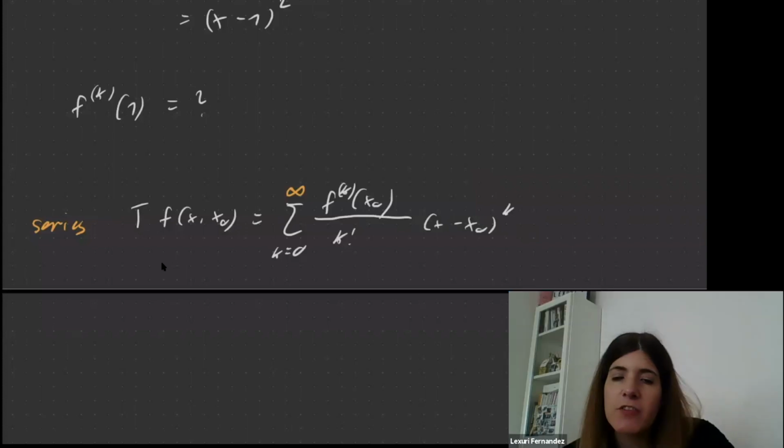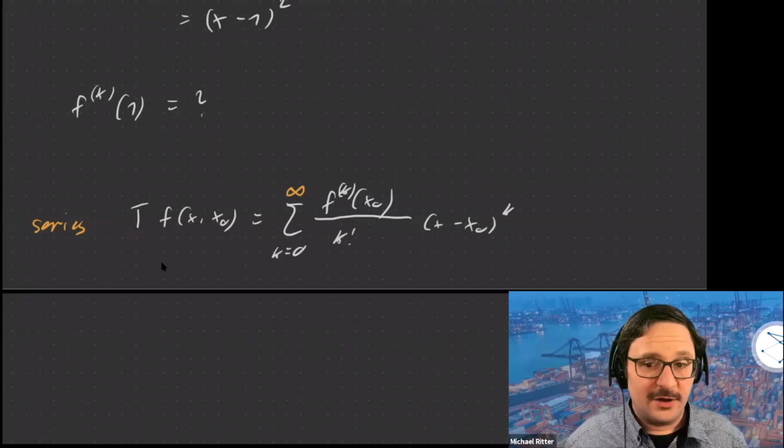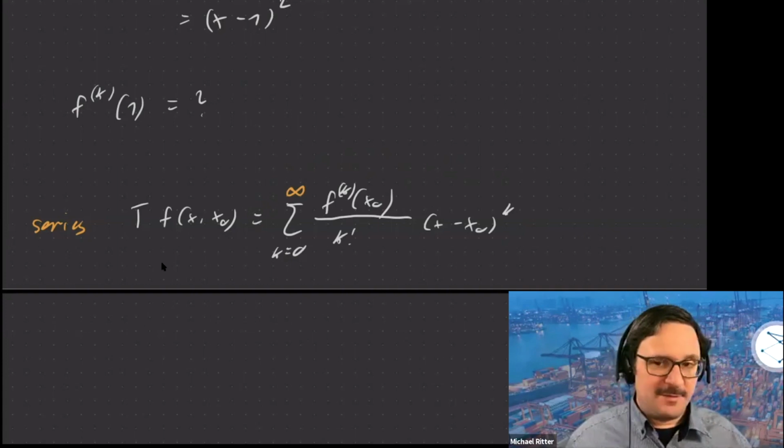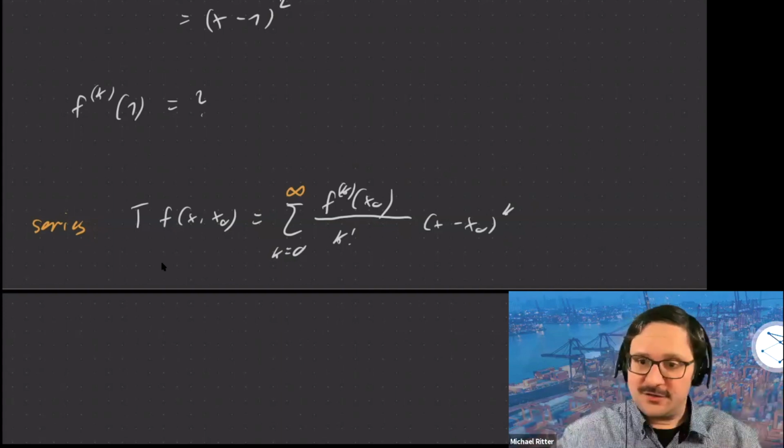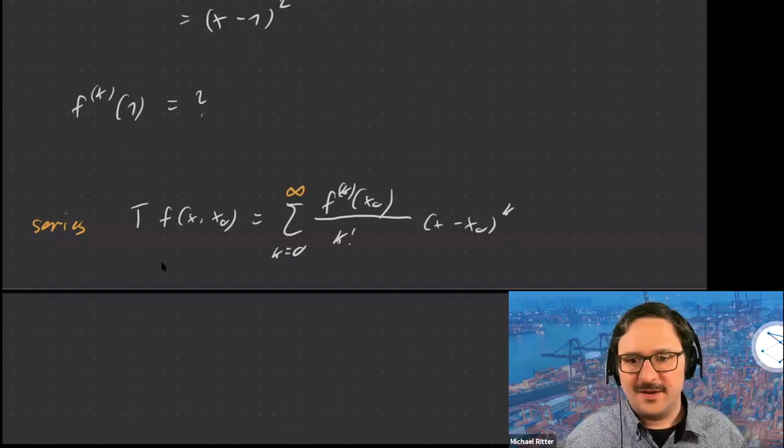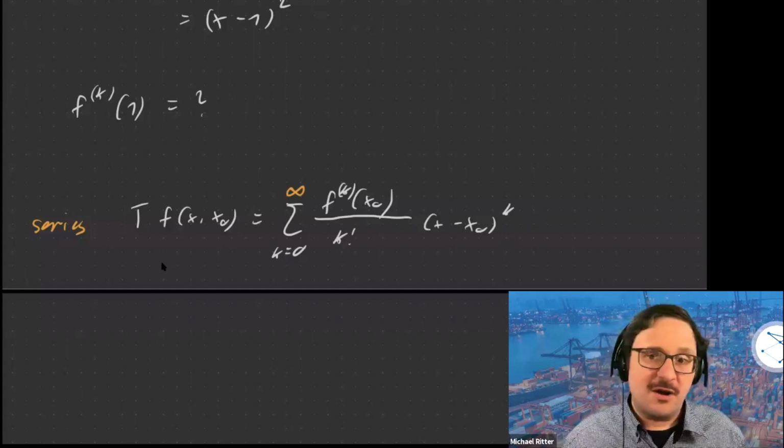What do we need the Taylor series for? Usually what you want is to approximate a function that may be very complex, complicated, and you want to have a good approximation. So basically the Taylor series is hopefully an approximation that, if it converges to the actual function value, is as good as you want it to be. And you can just cut it off at a point where it's good enough.